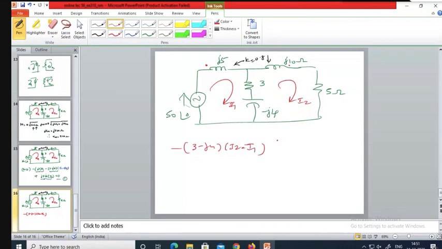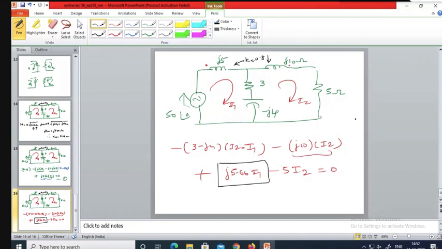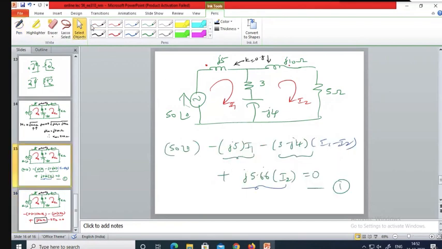Next is the self-induced EMF in the coil, minus J10 into I2, and because it is opposing, the polarity is minus here, so you get plus J 5.66 into I1, minus 5 into I2, equal to 0. This term is the quantity related to the mutual inductance, as in the previous case.